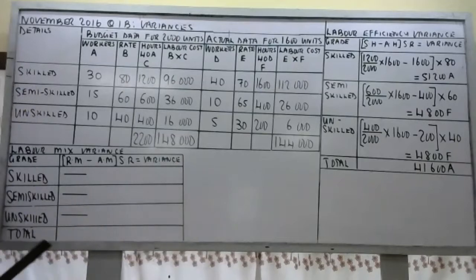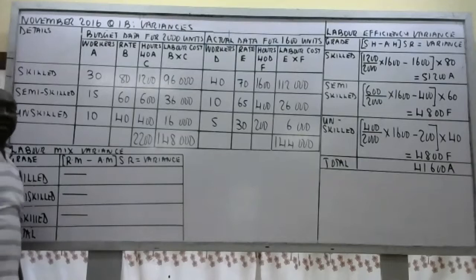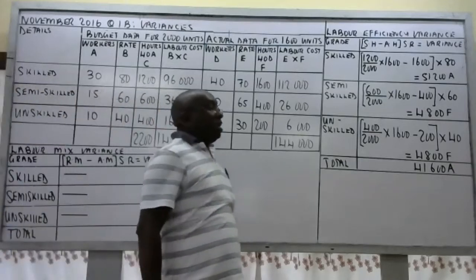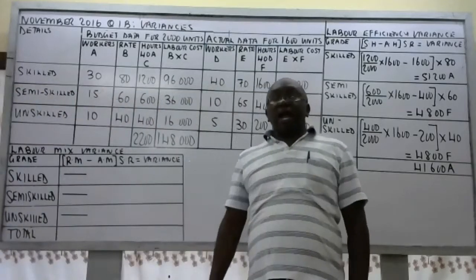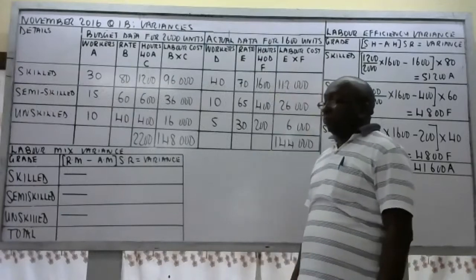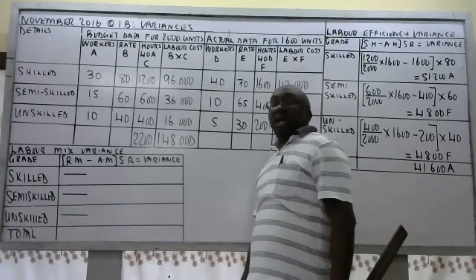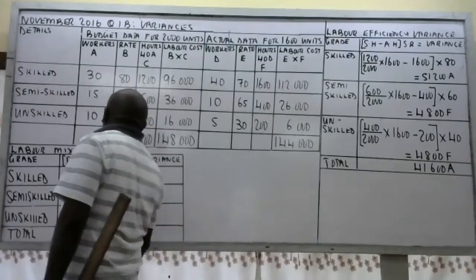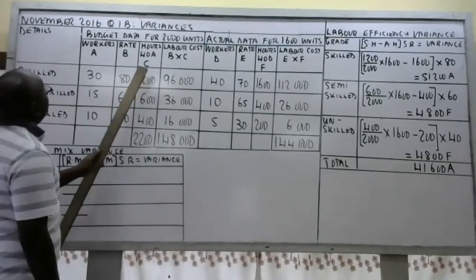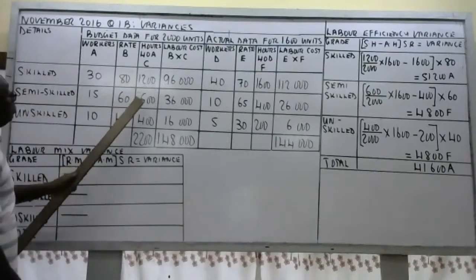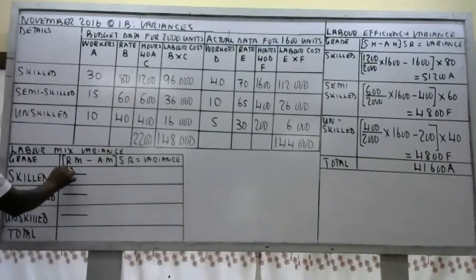So when you hear of the mix, we are looking at the proportions. The proportion is argued like this: skilled was supposed to bring 1,200 in a total of 2,200.